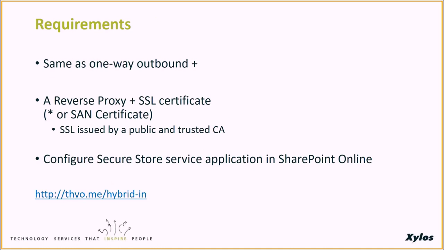And of course, that SSL certificate has to be trusted by a public or trusted certificate authority, otherwise SharePoint Online will have a problem with it. Another thing you have to do is configure the secure store service application in SharePoint Online, something we didn't have to do for the first scenario, but that's what we have to do in Online. I've included a link for your reference on how to configure this, with all the nitty-gritty details that you need.